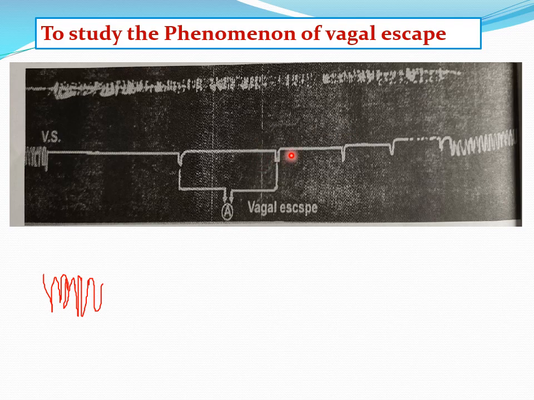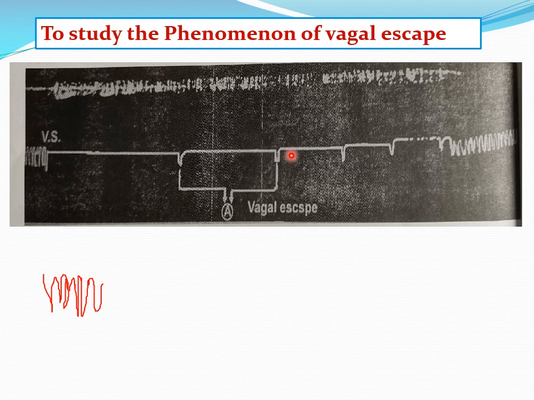So in this case, try to remember the discussion from the previous practical. What is the nerve supply to the heart? The vagus nerve supplies the heart, particularly the SA node, atrial muscle, AV node, and up to the base of the ventricle.